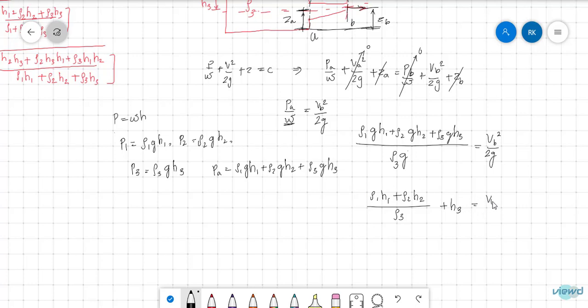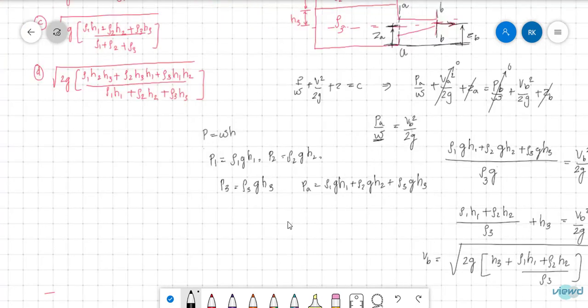Which is equal to VB square by 2G. So VB is equal to under root of 2G into H3 plus rho 1 H1 plus rho 2 H2 divided by rho 3. So we have got VB.